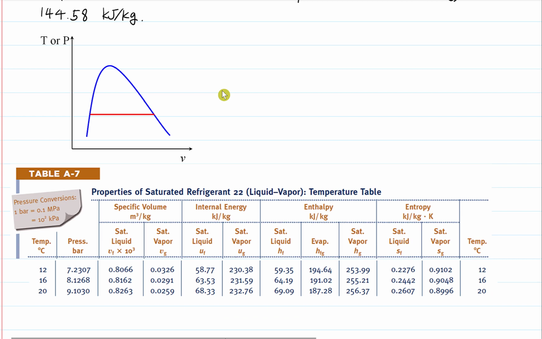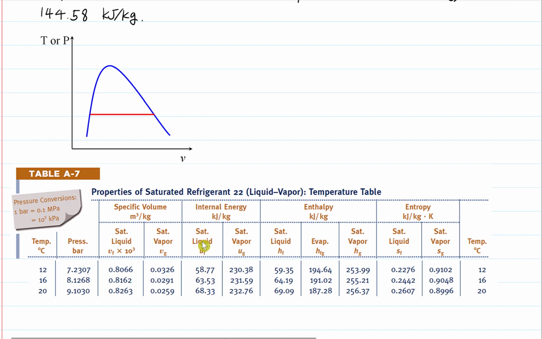Table A7 shows the properties of saturated refrigerant 22. Temperature is 12 degrees Celsius. So first column shows the temperature, 12 degrees Celsius, and internal energy, 144.58. So here is the internal energy, and it shows the saturated liquid and saturated vapor.